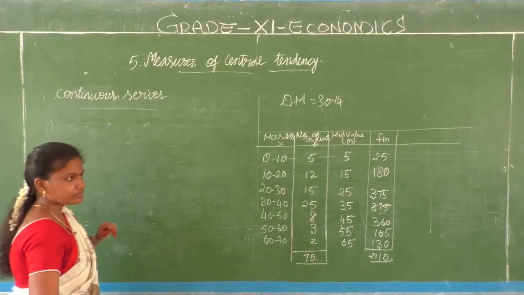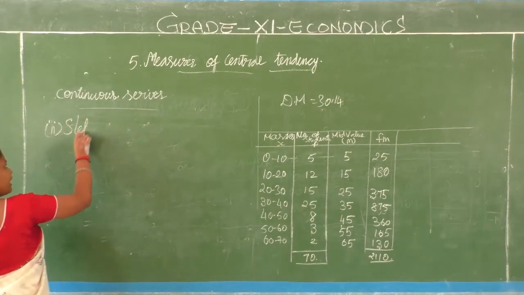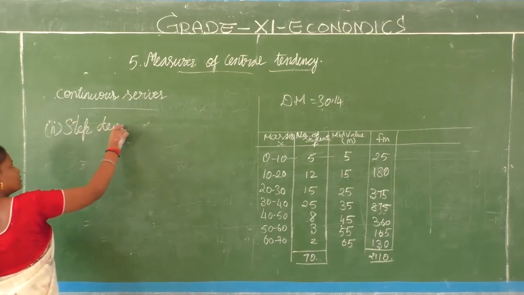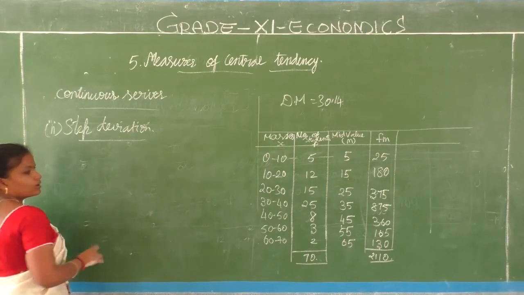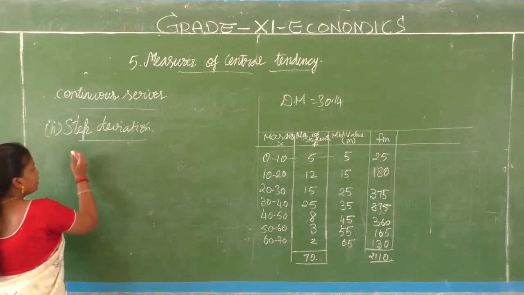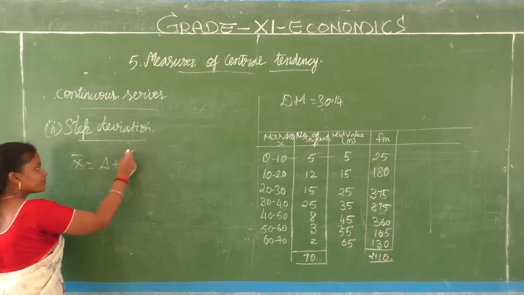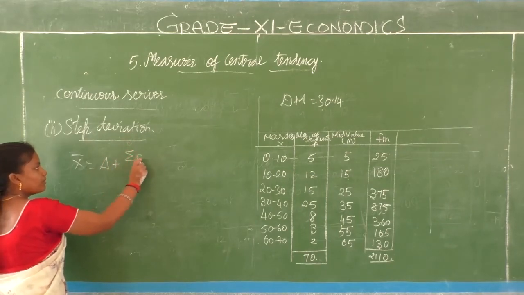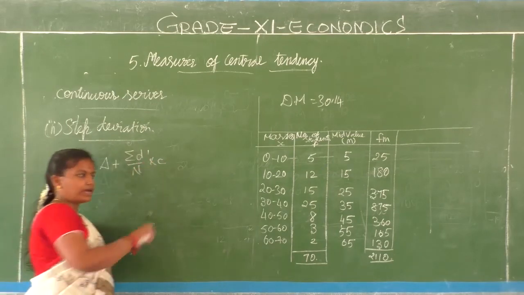Right, children? So the formulas that we have already discussed: x bar is equal to a plus sigma d dash by n into c, that was one value.